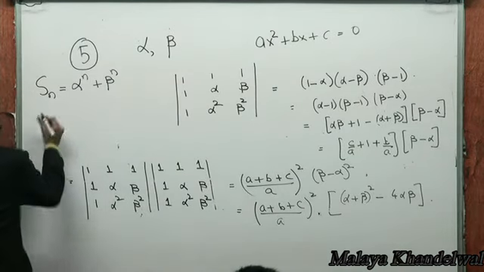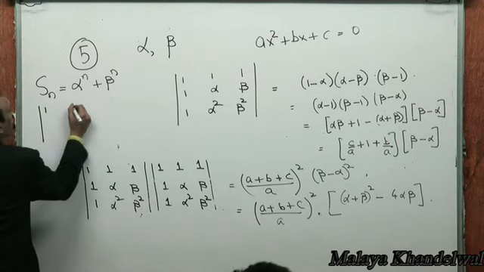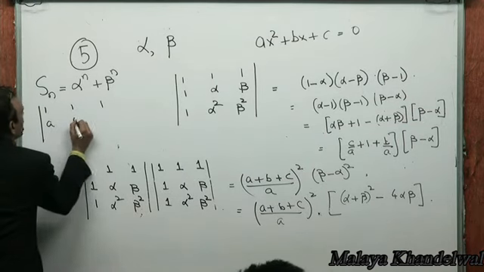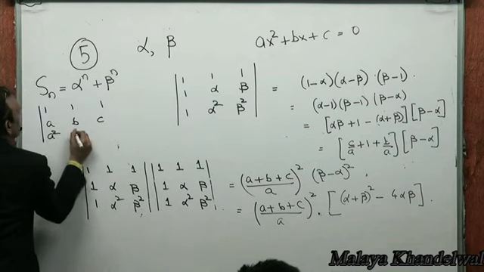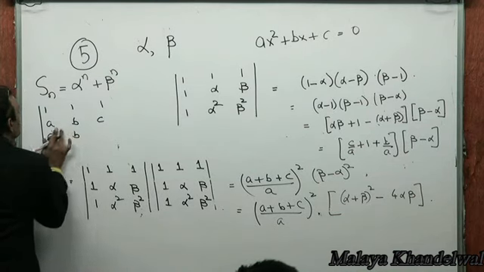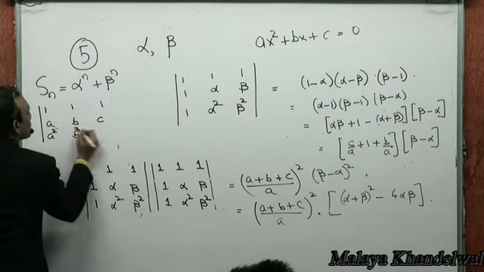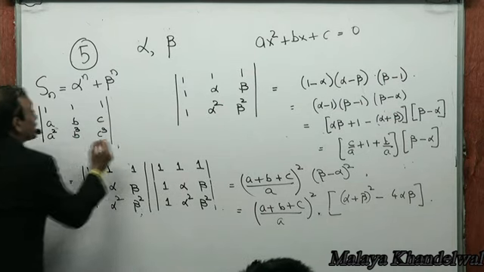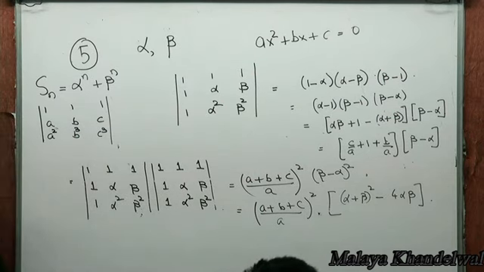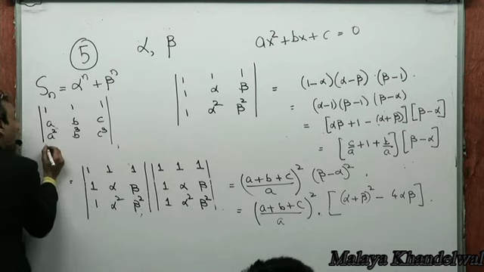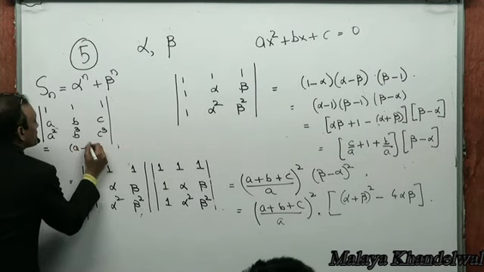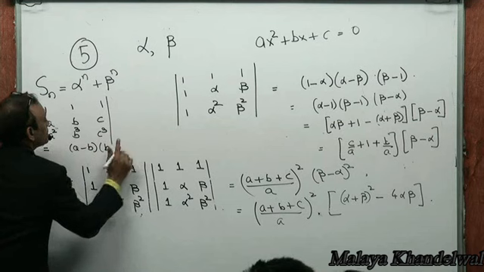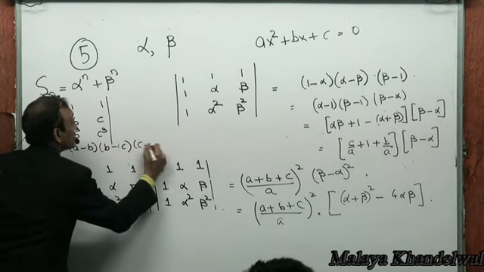Similarly, you know this determinant: 1, 1, 1, a, b, c, a squared, b squared, c squared, a cubed, b cubed, c cubed. This will be a determinant of degree 4, and it will have the same factors a minus b, b minus c, c minus a.